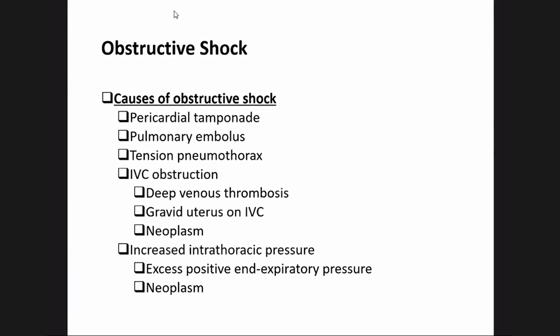Under it, we have excess positive end-expiratory pressure and neoplasm. So, although obstructive shock can be caused by a number of different etiologies, in patients with impaired venous return, this is most commonly due to the presence of tension pneumothorax. So, the most common cause of obstructive shock.